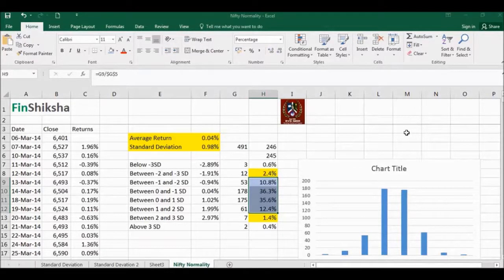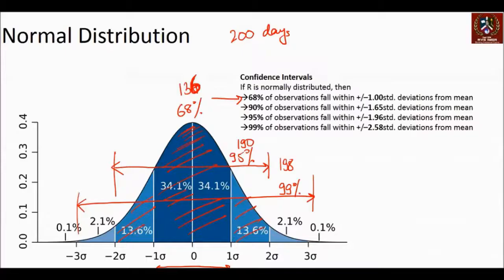And the third one is, let's add this one, which is between minus 1 and plus 1. Now here the theory deviates a little bit. Our sum says 71%. The theory says 68%. Not too far, but practically it seems that not only is it symmetrically distributed, it broadly follows the basic tenets of a normal distribution.